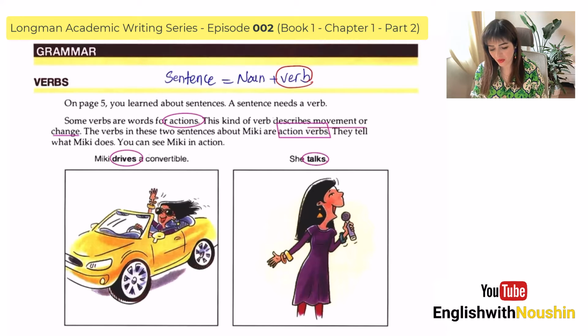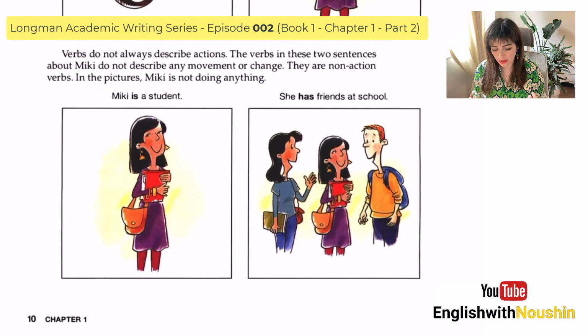On the other hand, we've got this other kind of verb that does not really describe an action. When you look at Mickey, she's not doing anything. She's just standing there, and we have a verb for that. These do not describe a movement or change, and they are called non-action verbs.